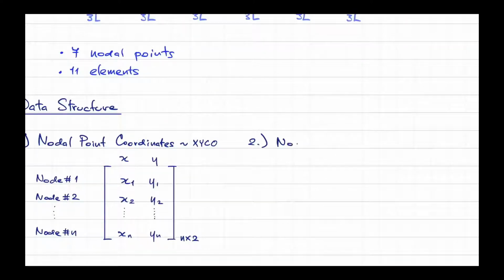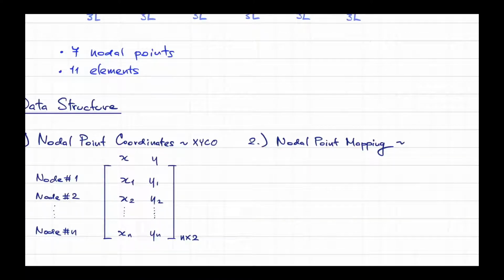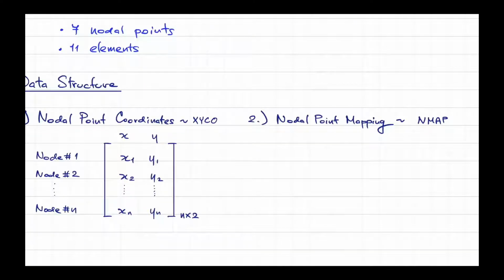I call it nodal point mapping, Nmap. The nodal point mapping is done by the element. So one element connects 2 points. So this maps for one element to the nodes.